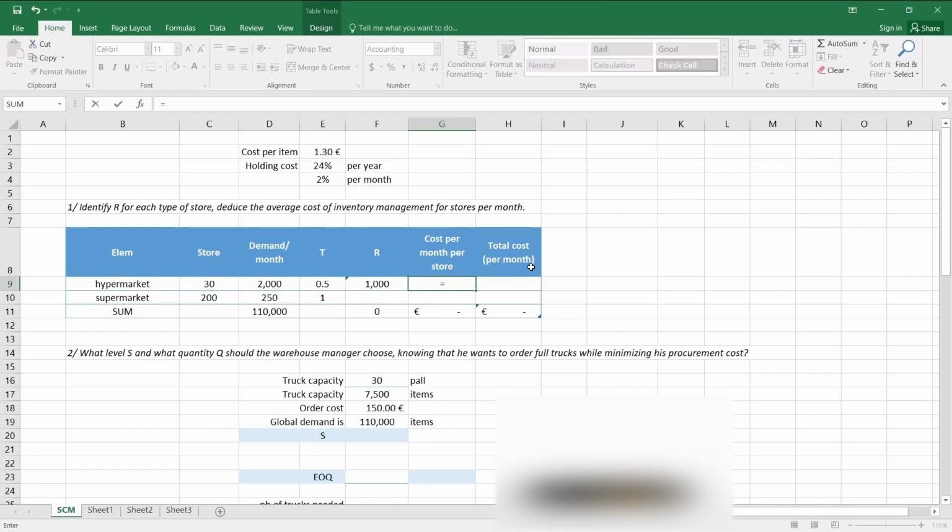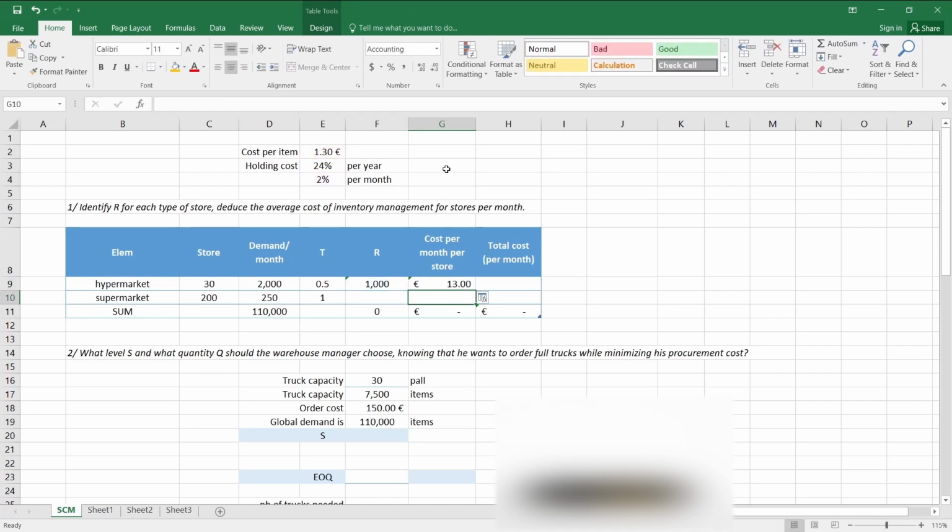For the cost per month per store, since we are looking for an average cost of inventory, we are going to take that replenishment level quantity, which is 1,000, divided by 2 times our holding cost. And our holding cost is going to be 1.30, which is the cost per item, multiplied by the 2%, which is the monthly holding cost.